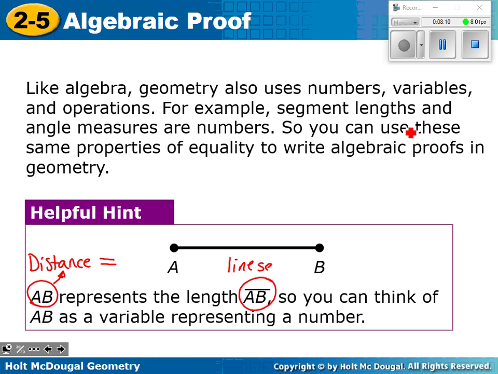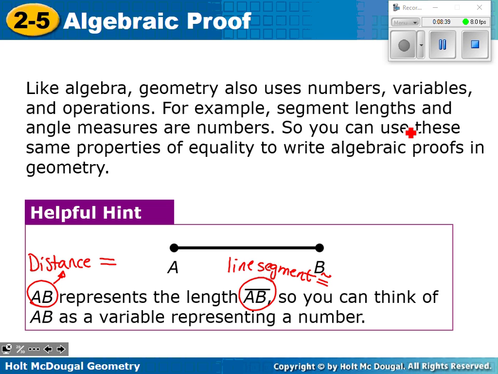Shapes, like line segments, are congruent. So you're going to use a congruent symbol, and you're talking about that segment is the same as another segment. So anytime you're putting a line above it, you should not be using an equal sign. You should be talking about the segment being congruent to another shape. If you're talking about a number or distance, do not put a line above it. You're using the equal symbol. Does that make sense?